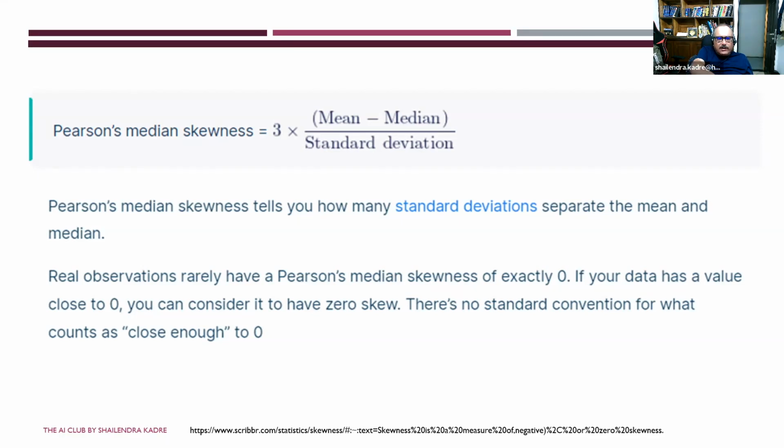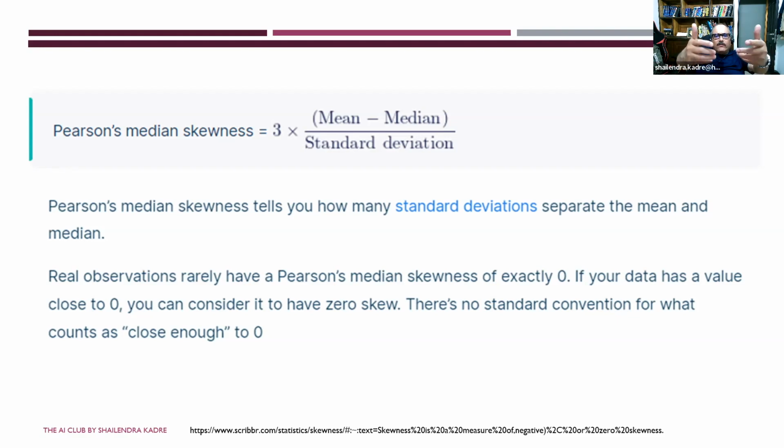Real observations rarely have Pearson skewness exactly equal to 0. Okay. So if this Pearson median skewness number is equal to 0, that means there is no skewness. Data is perfectly normal. That is one indication. When will it be 0?